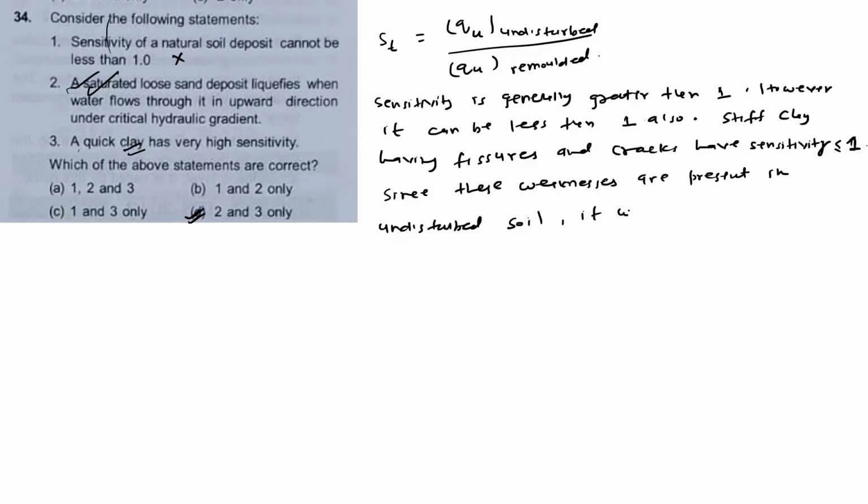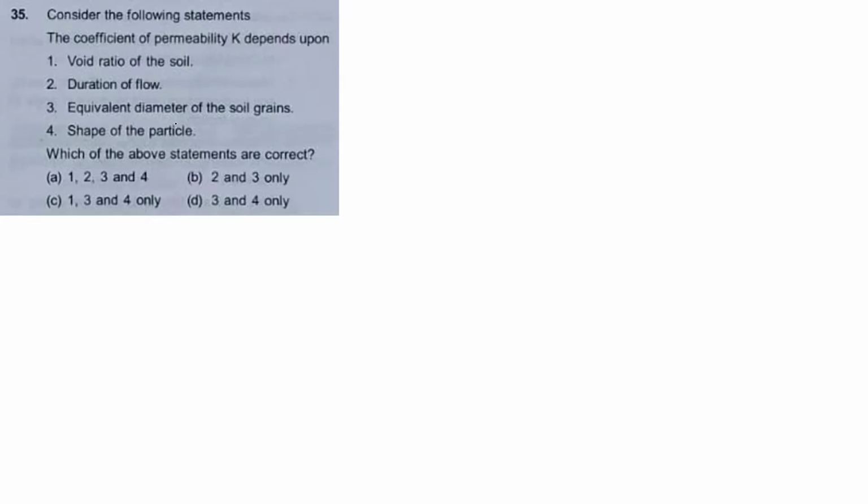So the soil can have sensitivity less than 1, and a quick clay has a very high sensitivity. So 2 and 3 are correct statements, 1 is wrong. This is question number 34. Now question number 35.